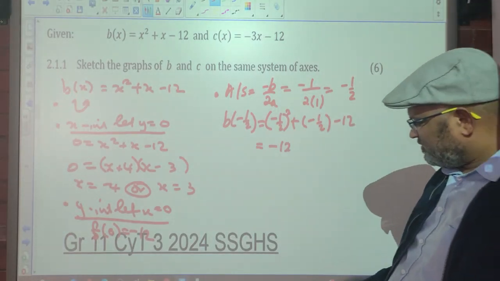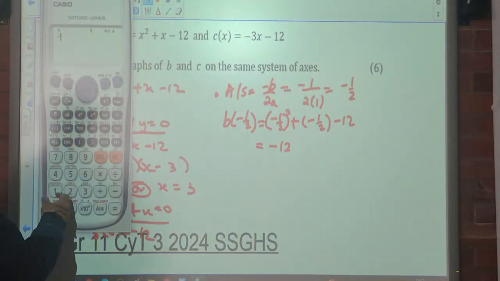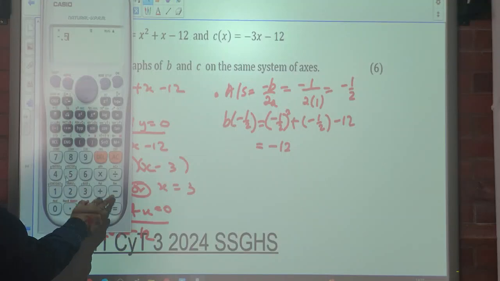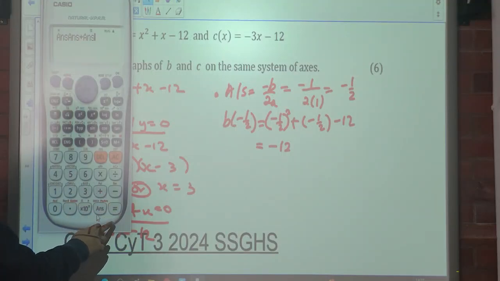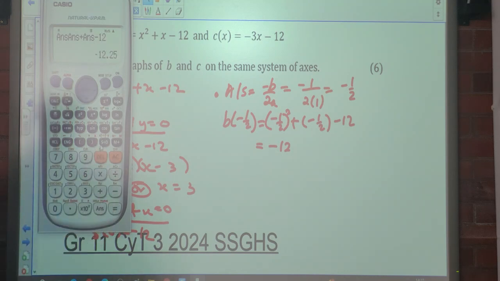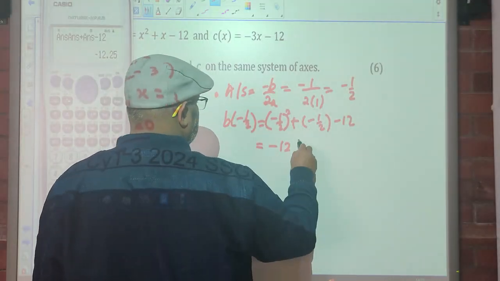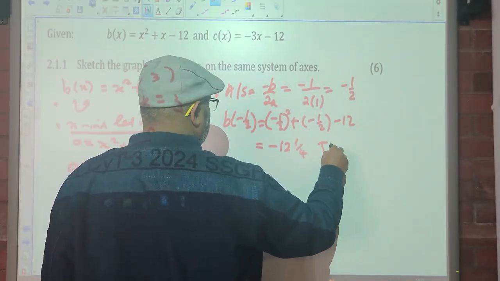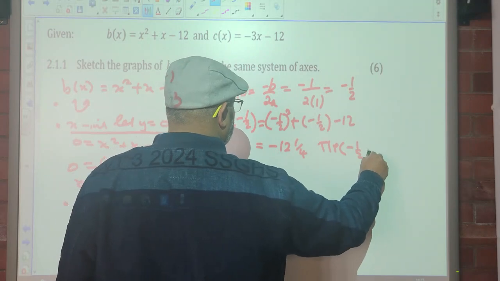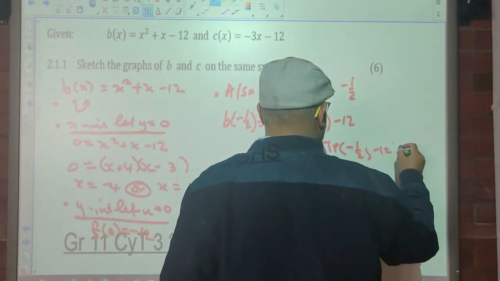Negative a half squared is a quarter, so a quarter plus negative half minus 12 is negative 12 and a quarter. So the turning point's coordinate is negative a half and negative 12 and a quarter.